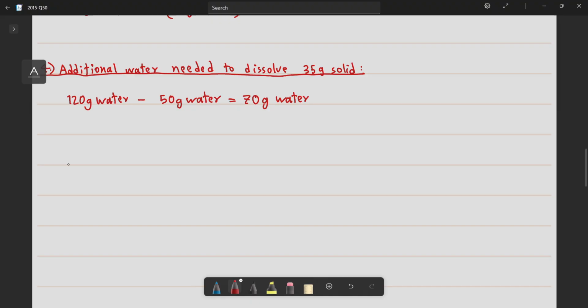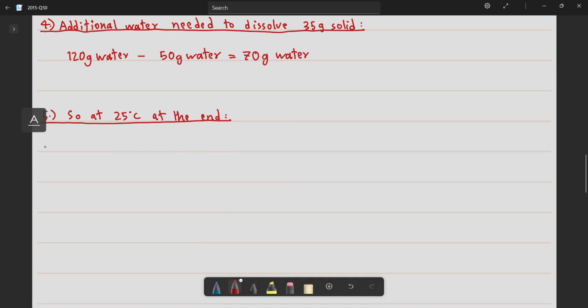So now the fifth step, the conclusion. At 25 degrees Celsius. Okay, so now the main summary of this entire working is that this entire summary is about the temperature that was set at 25 degrees Celsius.